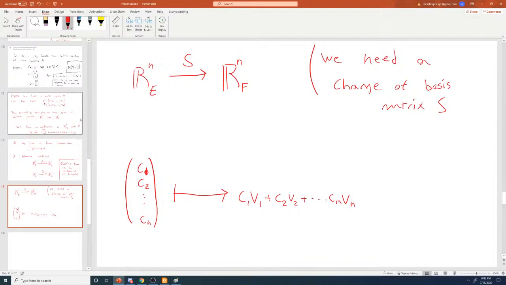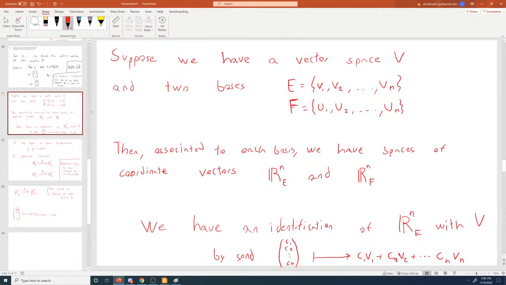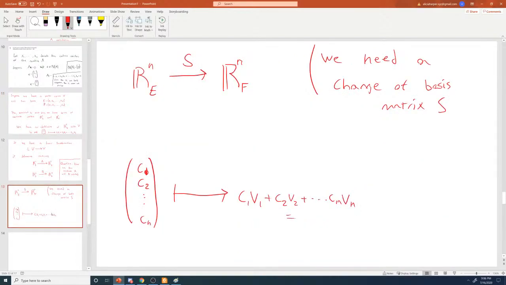But I can write everything in my vector space also in terms of the vectors u1, u2, through un. So I could alternatively write this as d1 u1 plus d2 u2 plus and so on, plus dn un.